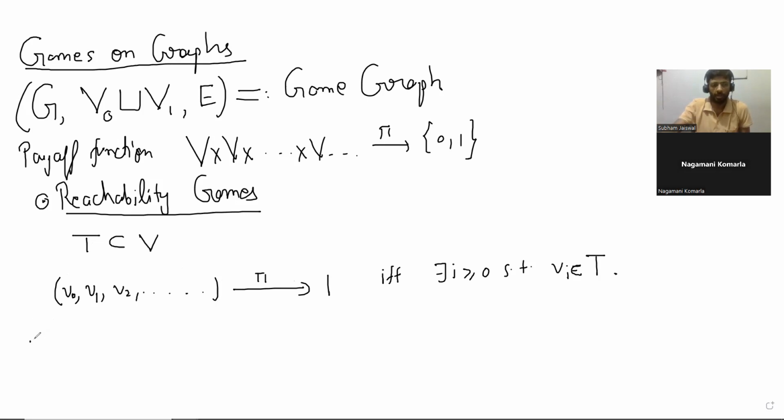Now the question really is: find Win1 of G, meaning find those vertices such that if the game starts from there, that is, if v0 is equal to that vertex, then there is a strategy such that if player 1 follows that strategy, then no matter what strategy player 0 follows, the output will be 1. So we have an algorithm for this.